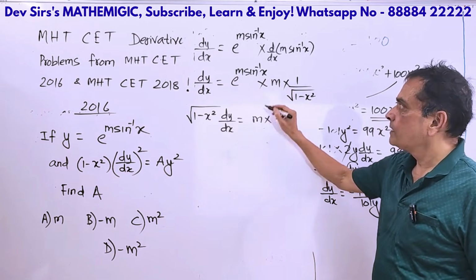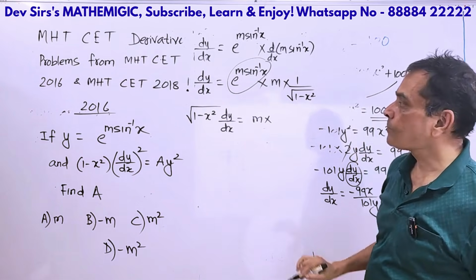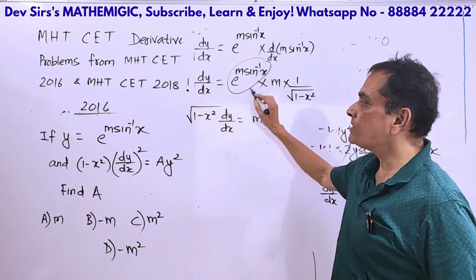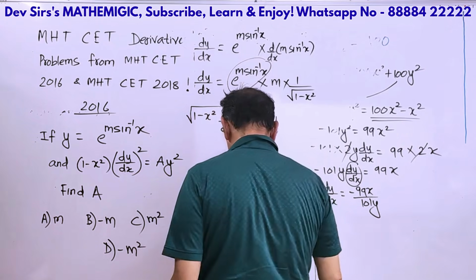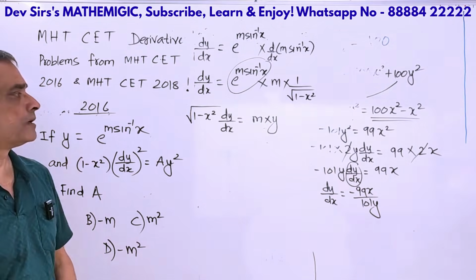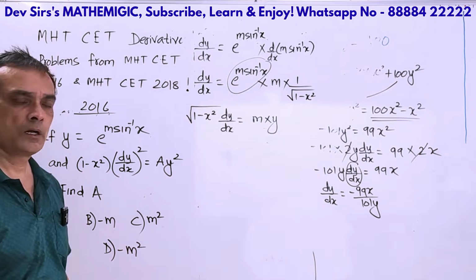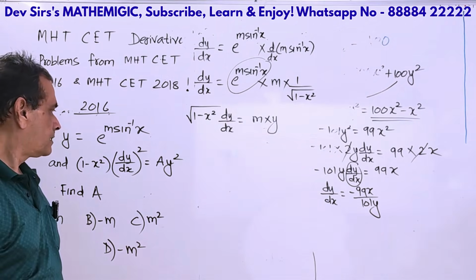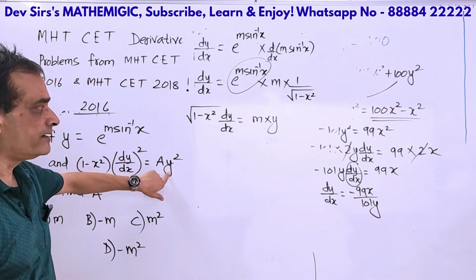M is here. For this, try to simplify. E raised to m sin inverse x is nothing but y. So put y over there. Clear? Why? Because y squared is present here.